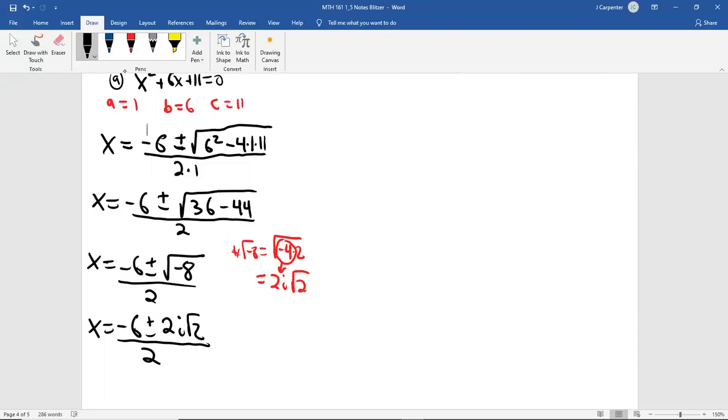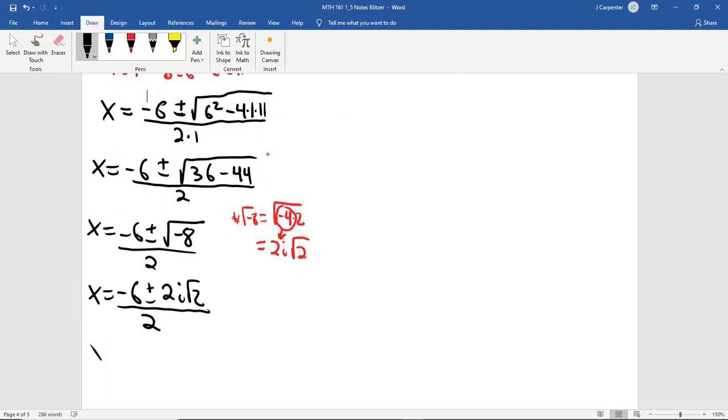And I have warned you about this setup right here that we've just gotten to. Very often we're done, but if all of these outer numbers, the 6, the 2, and the 2, not this 2, if all 3 numbers have a common factor, you have to take a GCF out and reduce it, or just divide them out individually. I find that a lot of students much prefer writing it this way, negative 6 plus or minus 2i square root of 2 over 2.